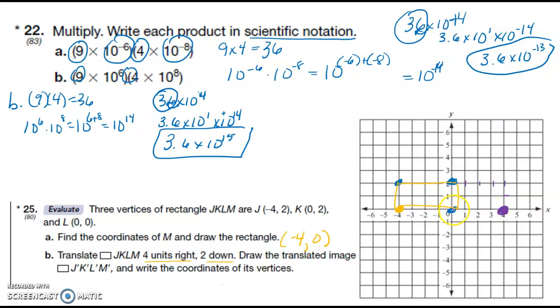So let's do the same here. 1, 2, 3, 4, 1, 2. And then 1, 2, 3, 4, 1, 2. So this one's the same. So of my purple rectangle, I have 0, 0. I have 4, 0. I have 0, negative 2, and I have 4, negative 2.